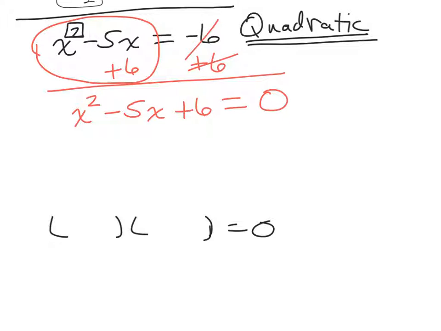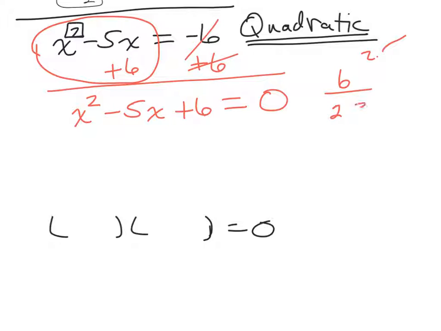It's got 3 terms, 1, 2, 3, so I know I'm going to use the AC method. In this case, I can use the shortcut because I got a 1 on the squared term. So 1 times 6 is 6. The square root of 6 is 2 point stuff. So we ask if 2 goes into 6, and it does 3 times.